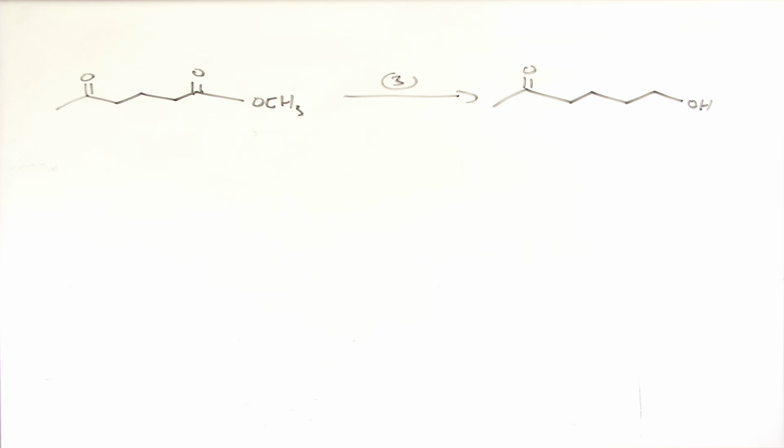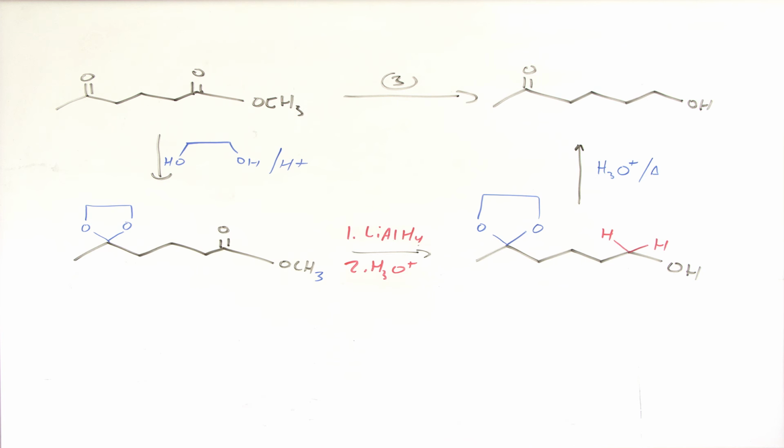I have to take advantage of the fact that it's more reactive, get it to react with something else first to block it. So, in that case, first step, make the acetal. Generally the cyclic version, ethylene glycol, strong acid. That gives me a protected version of the ketone. Then, what?